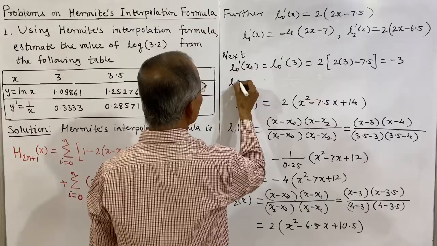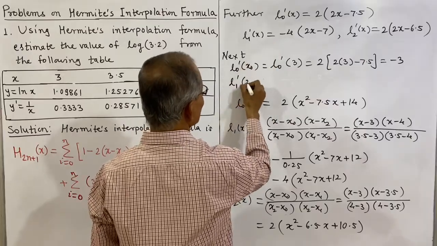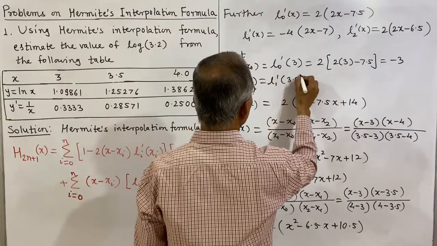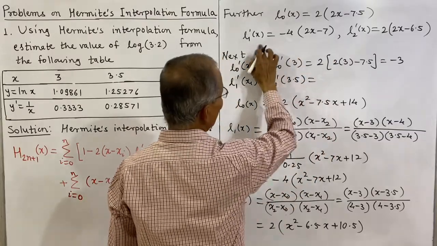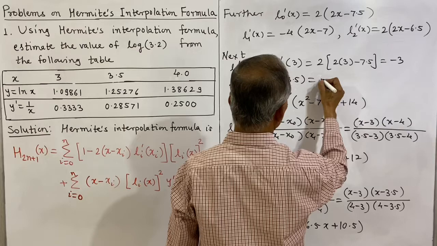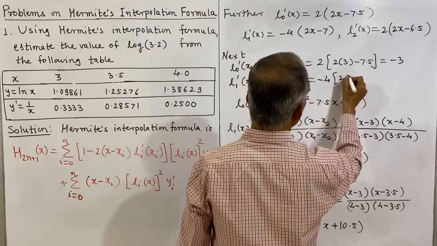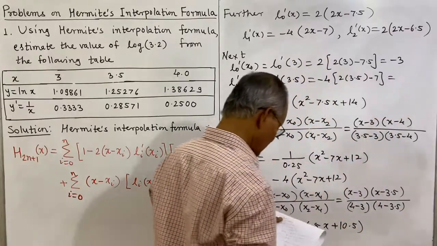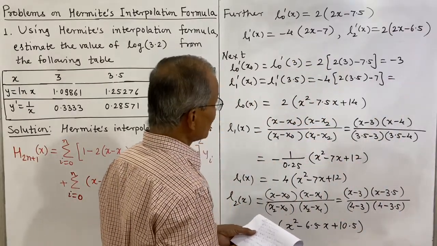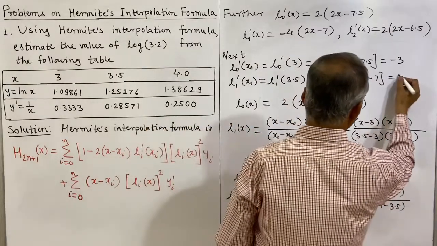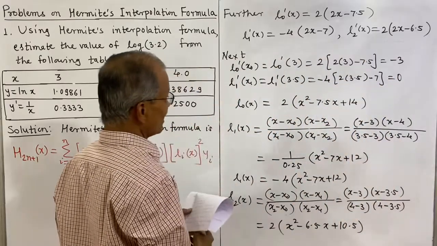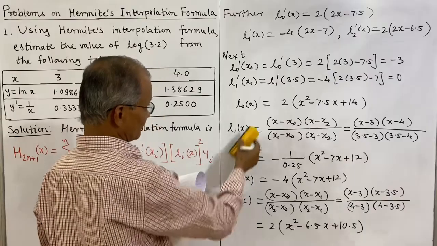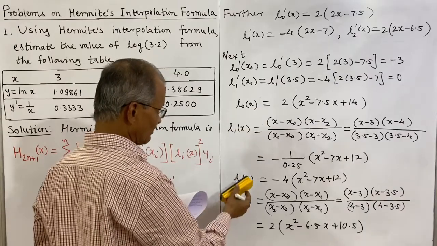Next L1 dash x1. What is x1? x1 is 3.5, and this is the value of L1 dash. Here we have to put x as 3.5. So it is minus 4, 2 into 3.5 minus 7, and that is 0. You can check, this is equal, and the subtraction is 0. So further, we have written L0 here, L1 here.